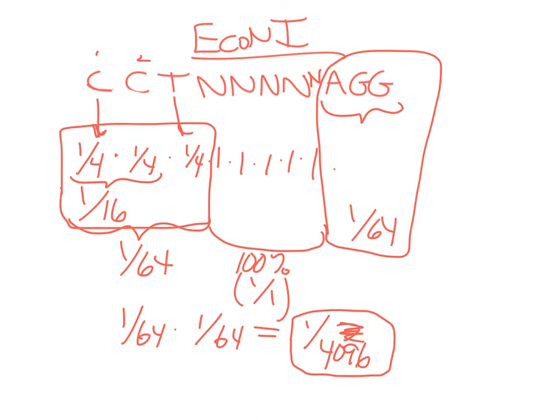Well, what about EcoR1? Now I'm going to have to Google this, because I can never remember. EcoR1 and HindIII have very similar restriction sequences. It's GAATTC. That's the sequence it recognizes.